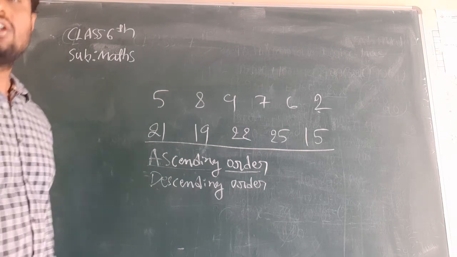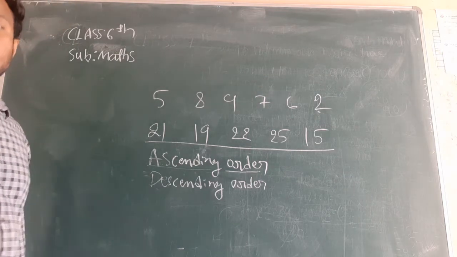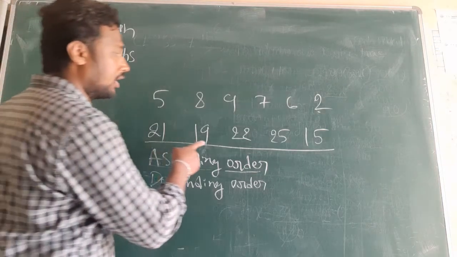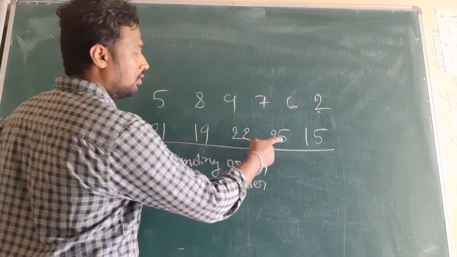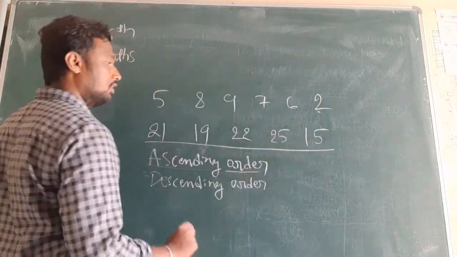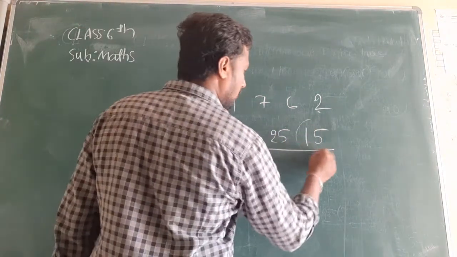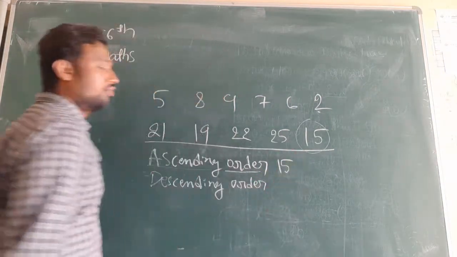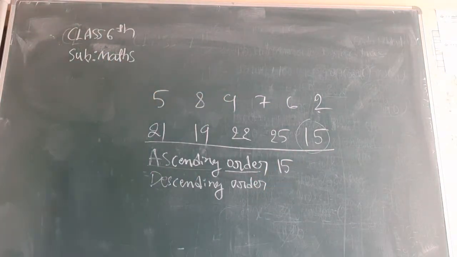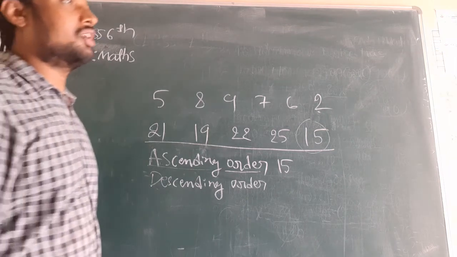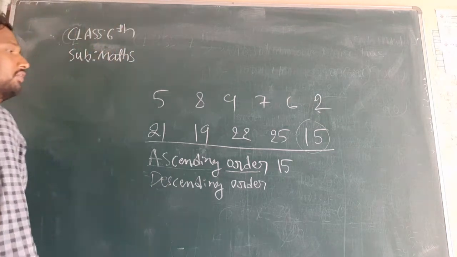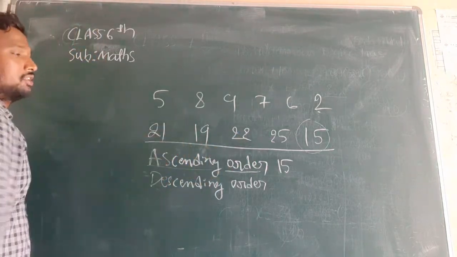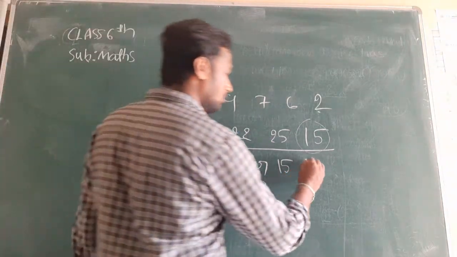First tell me which is the smallest value here. We have 21, 19, 22, 25, 15. When you observe this, you can tell that 15 is the smallest value, so I will write 15. After 15, among 21, 19, 22, 25, the smallest value is 19.